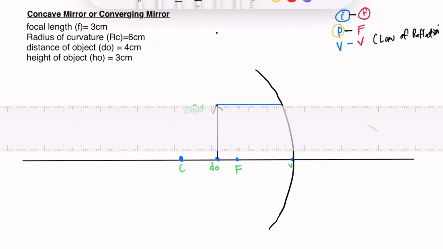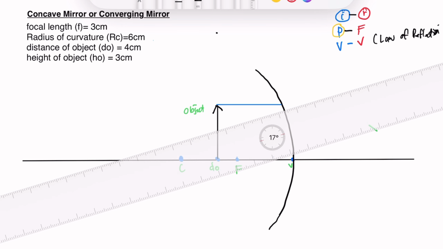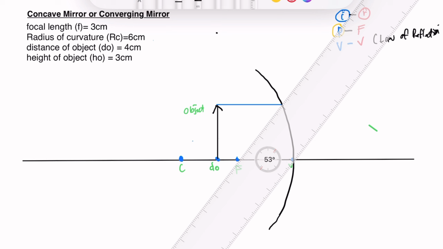And then of course the mirror will reflect it, and from the mirror, the reflected ray must pass through the focal point, the positive focal point.